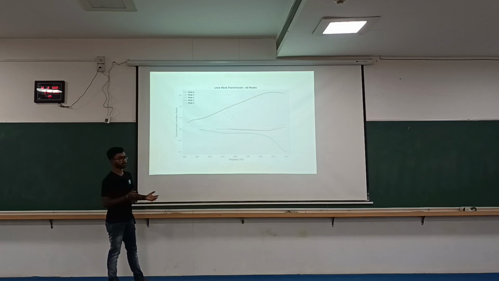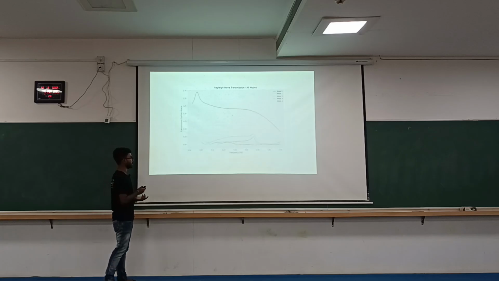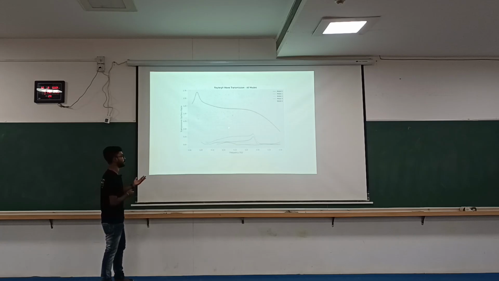So we have to use two stations, otherwise we cannot get any transmission ratio. This is the amplification we are getting here for the Love wave, and we expect some amplification for the Rayleigh wave, where it is about 1.75 times the incident record.